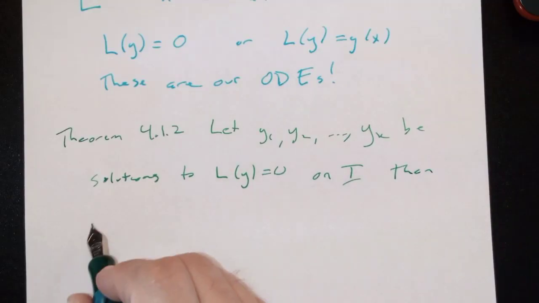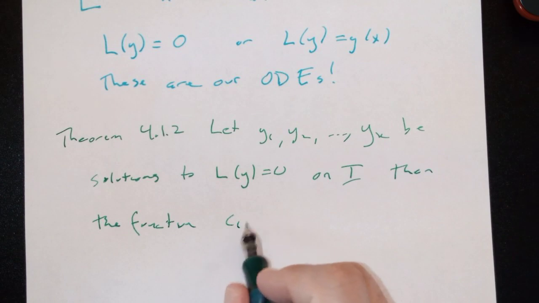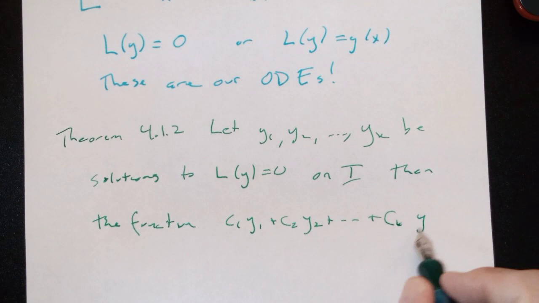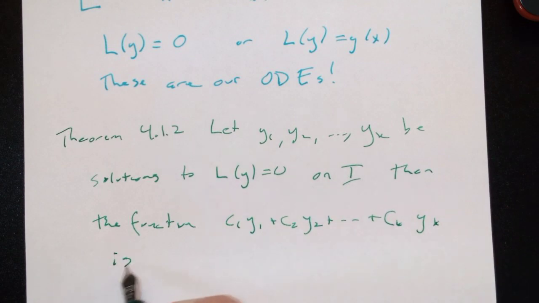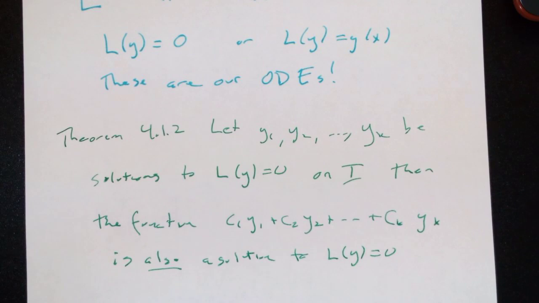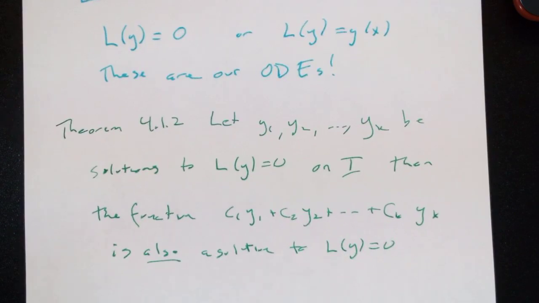Then the function c1y1 plus c2y2 plus ... plus ckyk is also a solution to L of y equals 0, where c1, c2, ..., ck are constants.